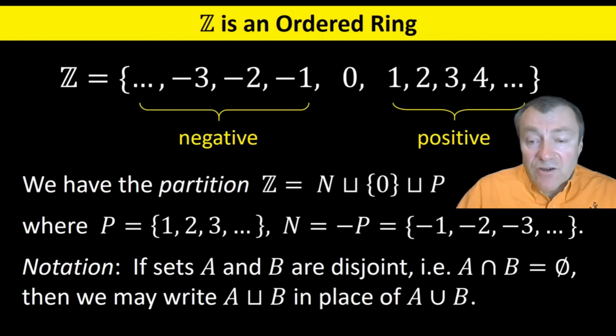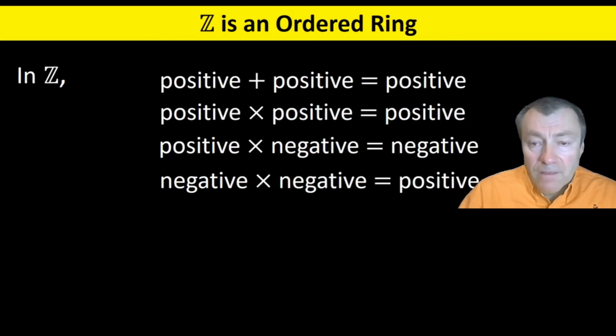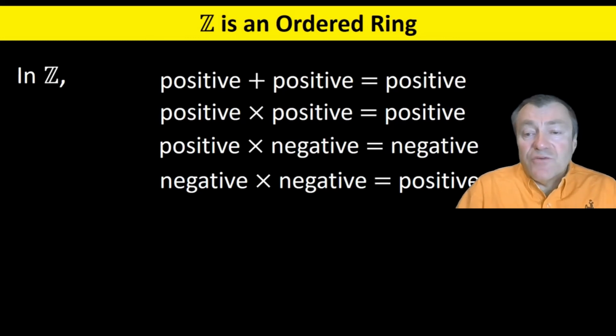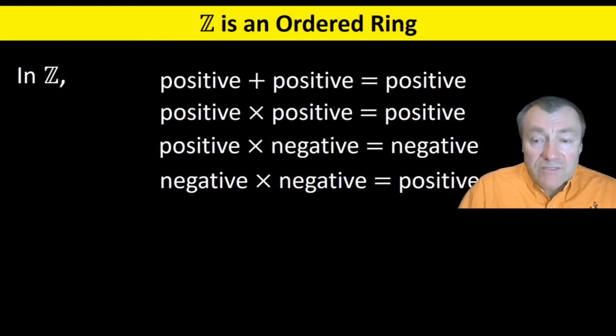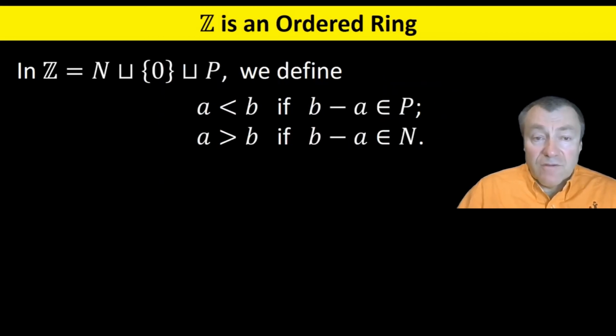The negatives are obtained from the positives by applying our unary operator of negation. This partition satisfies some essential properties. If we add or multiply two positives, we get a positive. Also, positive times negative is negative, and negative times negative is positive.